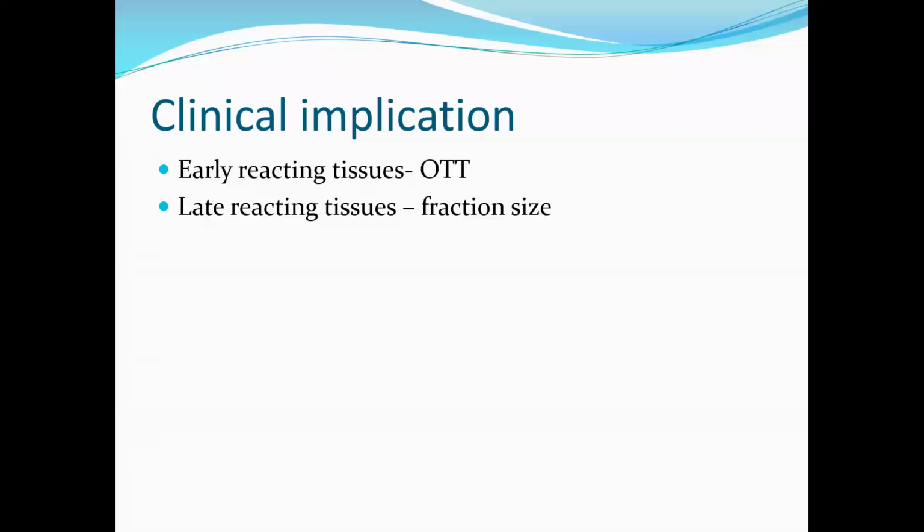These are all things because you want to finish in time. You want to keep OTT as less as possible because there are multiple studies to suggest lesser the OTT, better the local control. And in late reacting tissues, in order to reduce the long-term side effects, you have to keep the dose per fraction less.